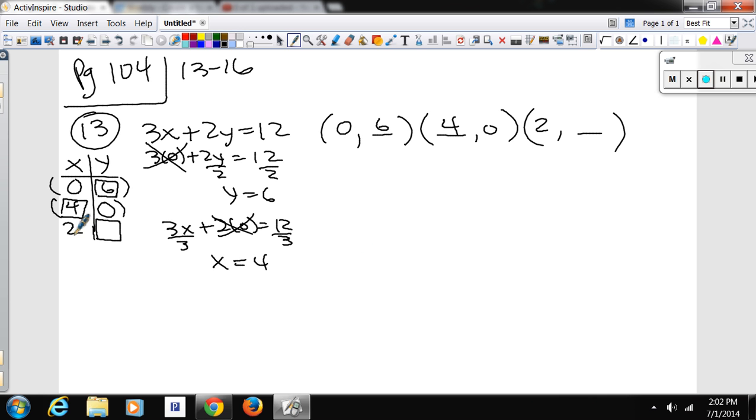Now, if I put a 2 in for x, it would be 3 times 2 plus 2y equals 12. 3 times 2 is 6, so subtract 6 on both sides. You get 2y equals 6, divide by 2, and you get y equals 3. So 2, 3 is another point on the graph.